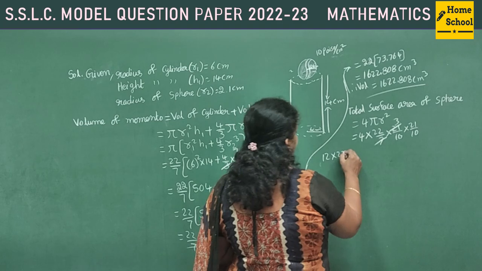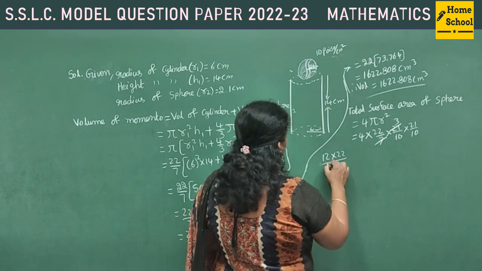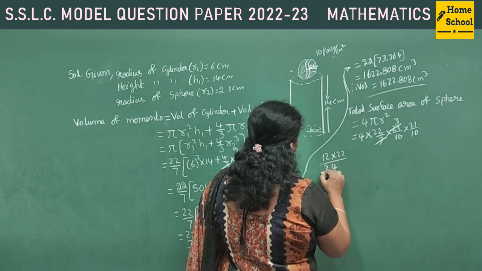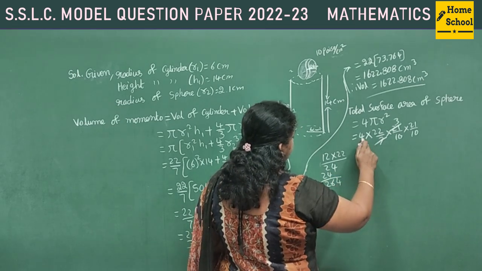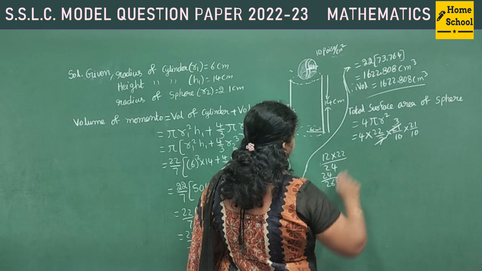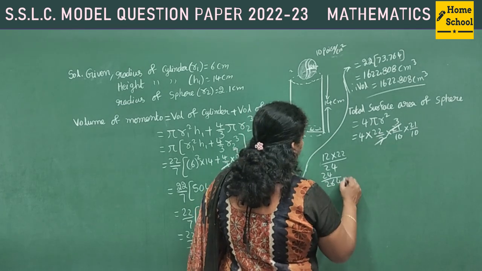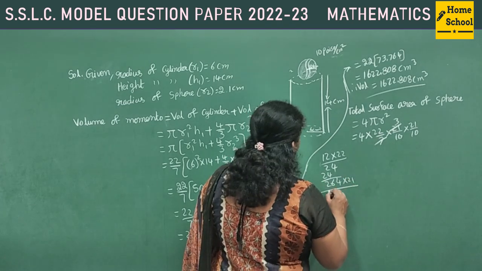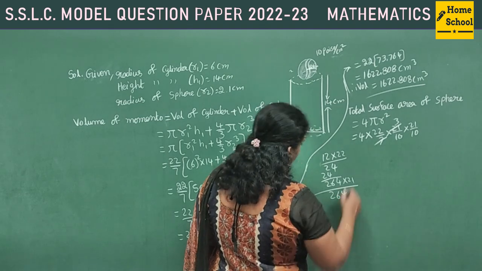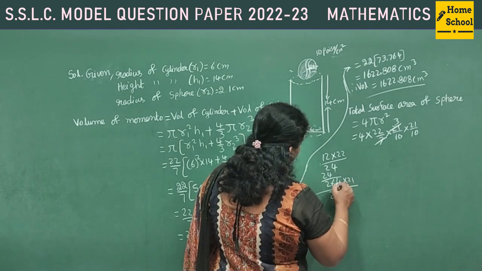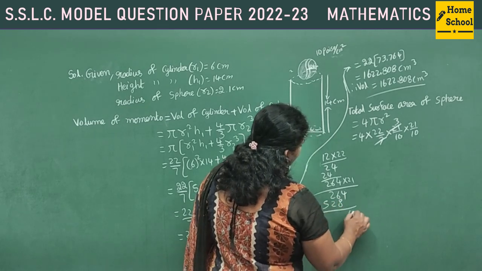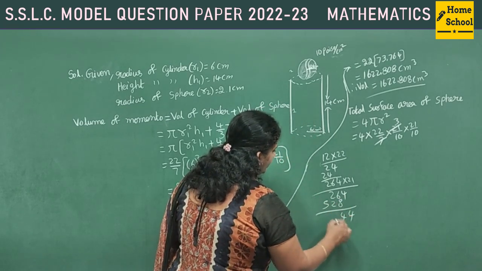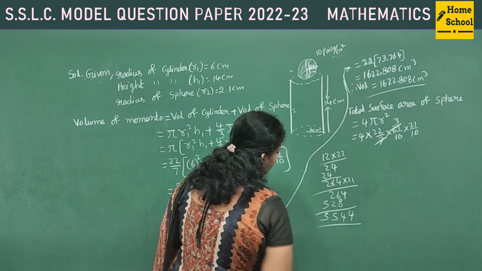12 into 22, it will be 24, 264. See here, 3 fours are 12, 12 22s are 264. Again multiply for this 21. This will be 264. 4 2s are 8, 2 6 are 12, 4 5, 4, 14, 5 5 4 4.